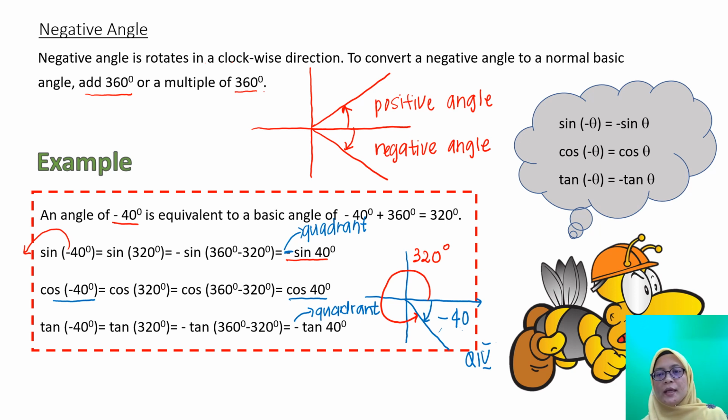So sin negative theta is negative sin theta, cos negative theta equal to positive cos theta, and tangent negative theta equal to negative tangent theta. So ini adalah untuk you punya theta is in between 0 to 90. Hanya kalau nilai dia acute. So kalau nilai dia lebih daripada 90, so teorem ni tak boleh guna.